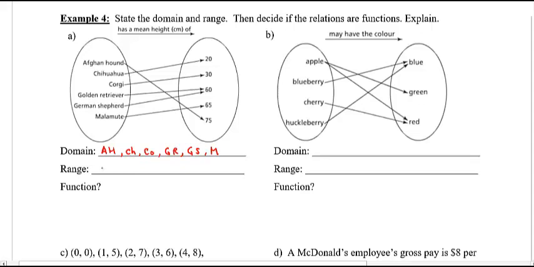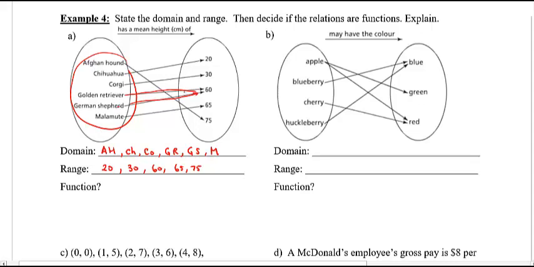Where the range is the heights, so that's 20 centimeters, 30, 60, 65, 75. Now the question is, is this a function? For each element in the first set, is it only connected to one element in the second? And the answer is yes. I know you're thinking, look, they both go there, but that's okay.